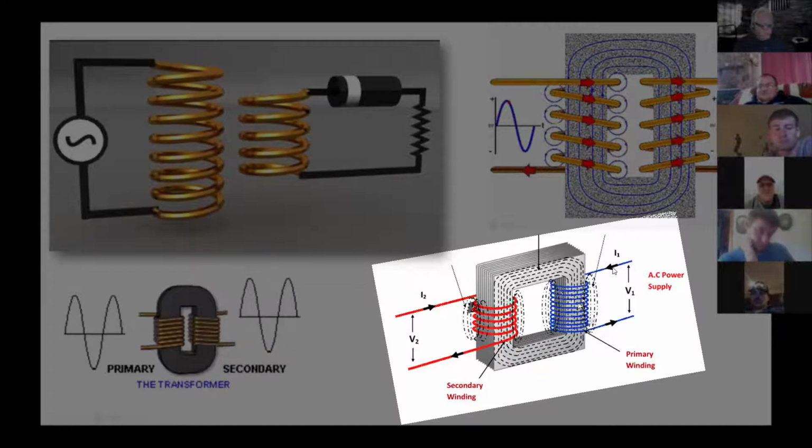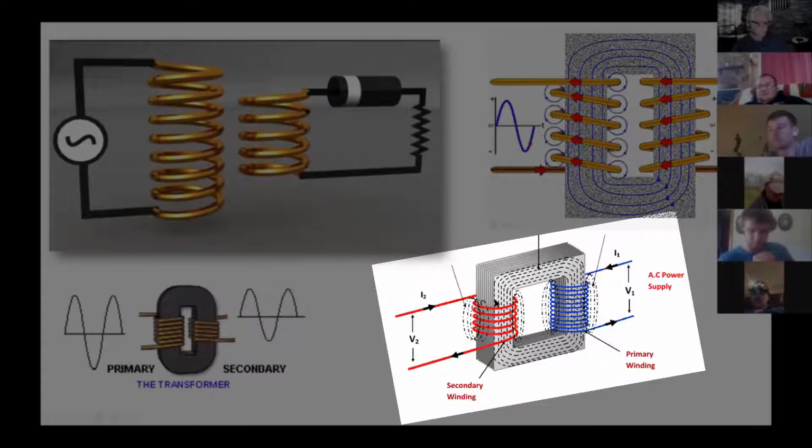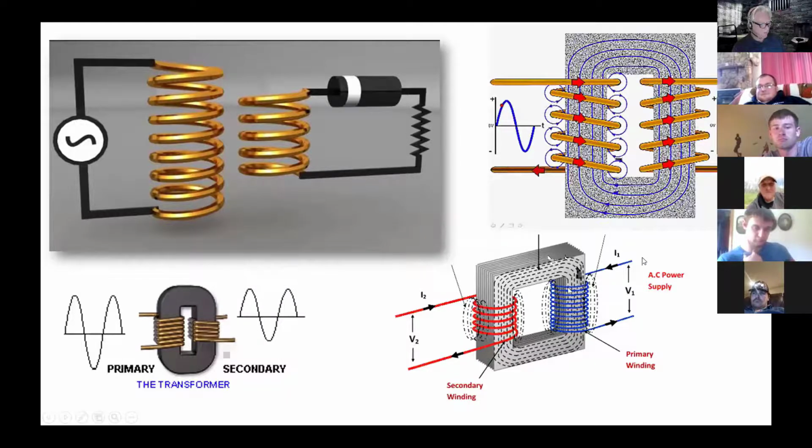So these lines of flux, instead of jumping across this gap to the secondary, get over to the secondary by going through these laminated steel plates. So if you ever looked at a transformer, it's going to look a lot like this, with these laminated steel plates to allow the flux to travel through.